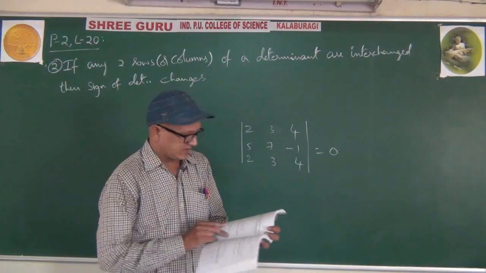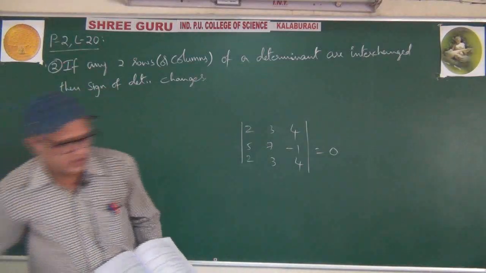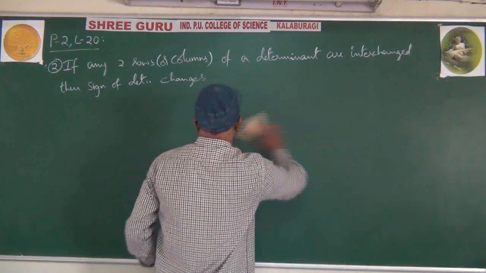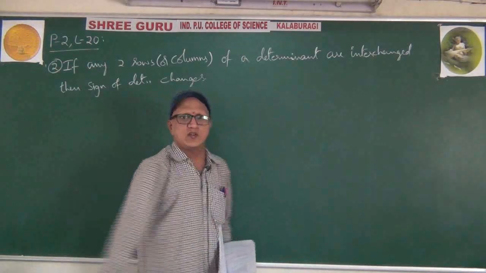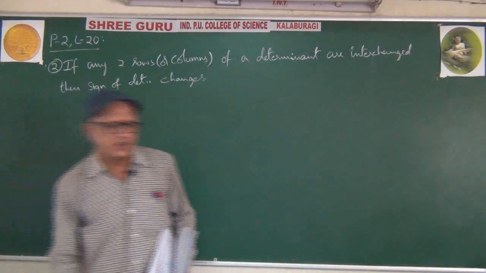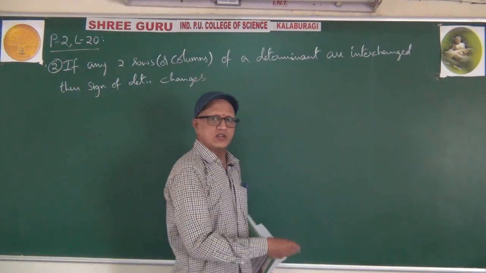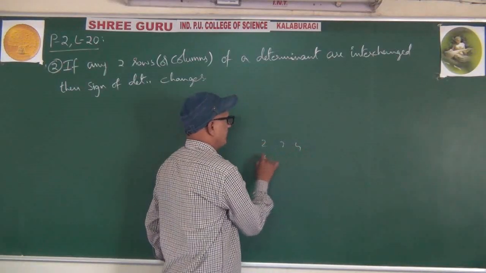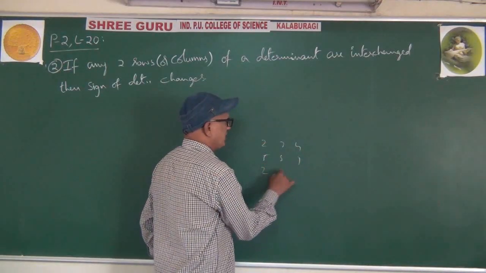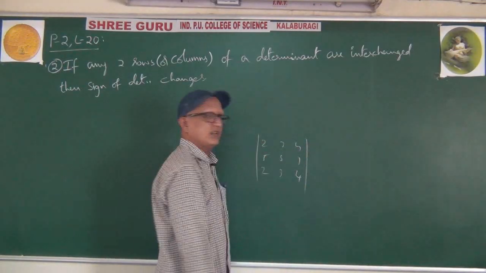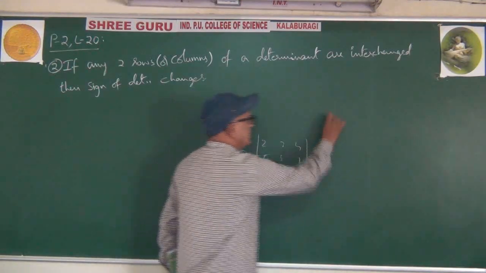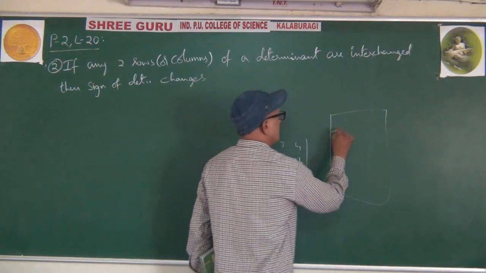The fourth property I will write on the board. So directly you can write 0. In case in the examination, if they give this question for 1 mark, with rows 2, 3, 4, 5, 8, 1, 2, 3, 4, for example, this is the second question, this is your answer sheet. Question number 2, 0.